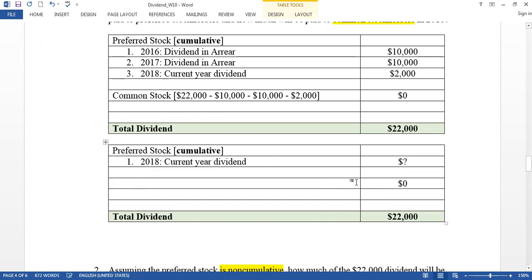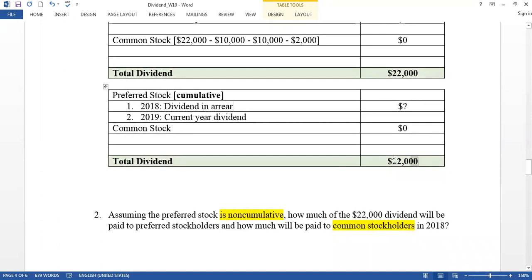For your information, in 2019 the company also declared 22,000 dividend, okay? Now, what is the answer here?